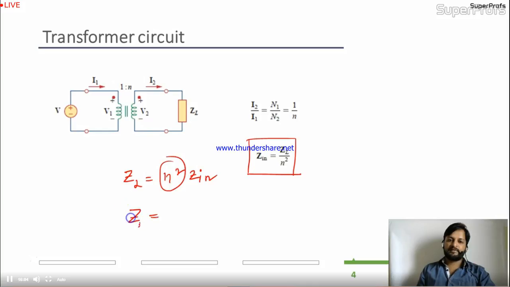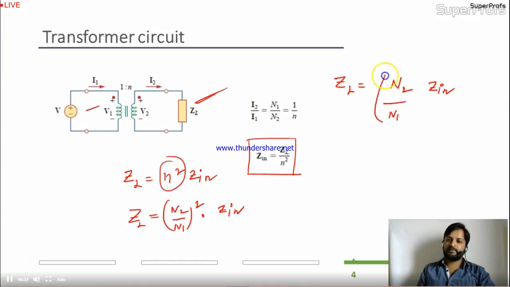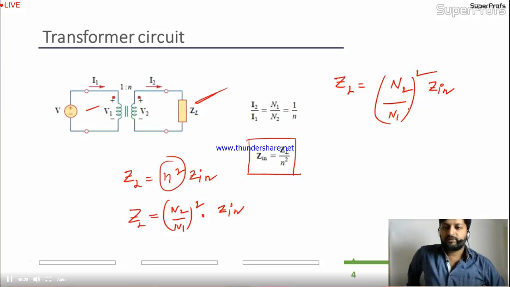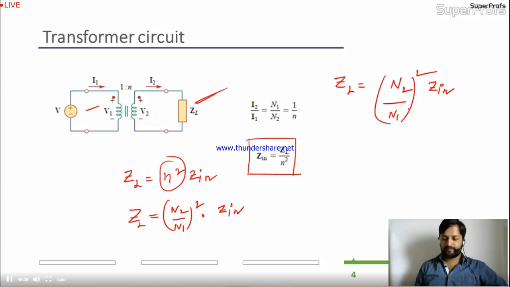So I can write ZL is nothing but N2 by N1 whole square into Zin. We want to find the value of ZL in terms of Zin. If the turns ratio is 1, then ZL equal to Zin, no problem at all. But here the turns ratio will be there. We will consider N2 by N1 whole square into Zin. So this is about the transformer circuit.